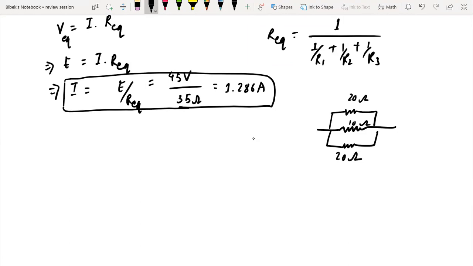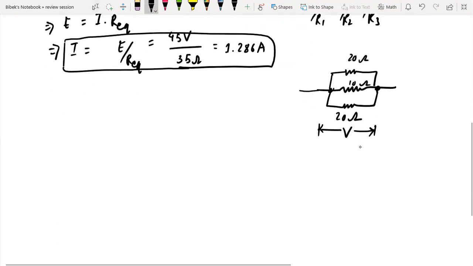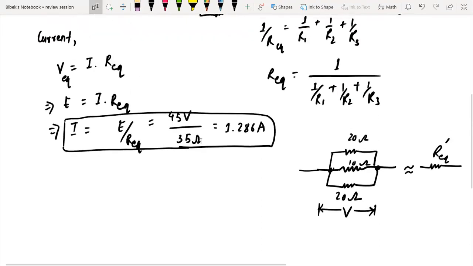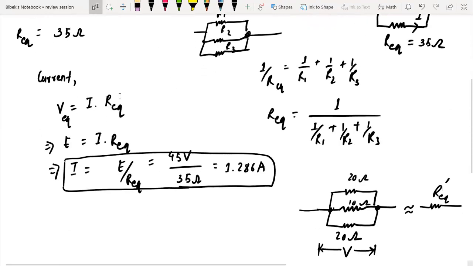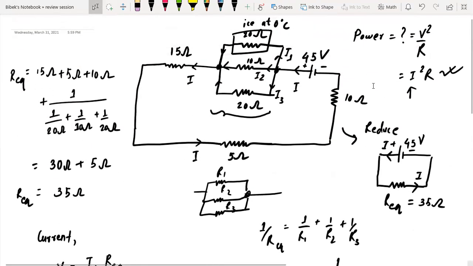If I only look at this, then the potential drop across this thing, let's suppose it's V, is going to be like the equivalent circuit of this, that is R equivalent prime, because it is different from this one, because this R equivalent contains these series resistors as well.